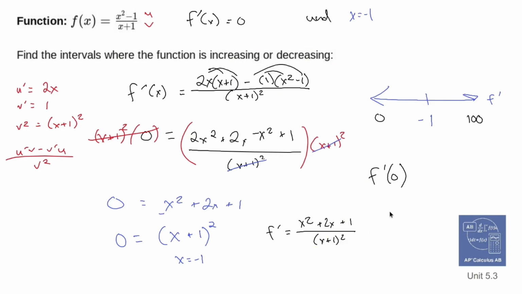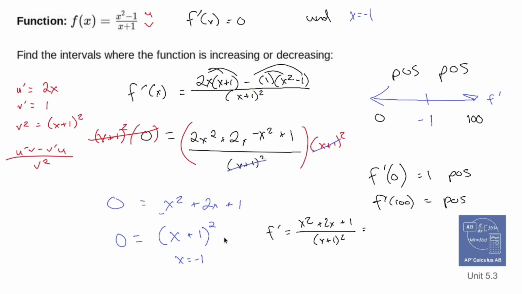So plugging in 0 would give me 1 over 1 squared, which is 1. So you're positive. Plugging in a huge number like 100 would be 100 squared, so a positive plus a big positive plus a positive all over a positive squared, which is a positive. So plugging in 100 also gives me a positive.